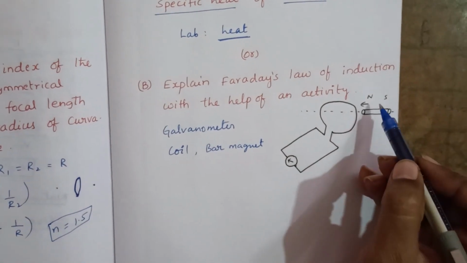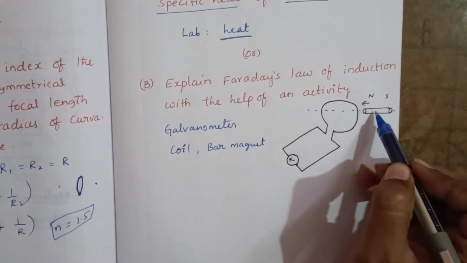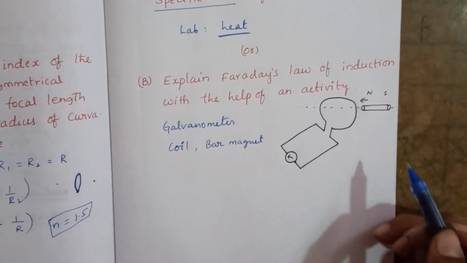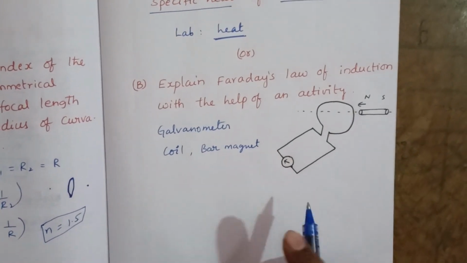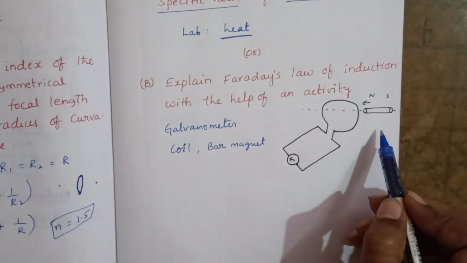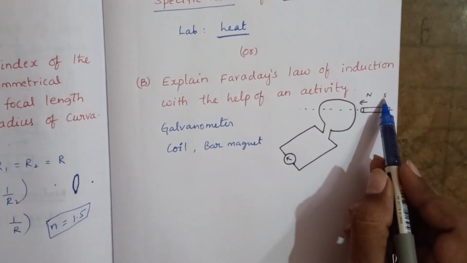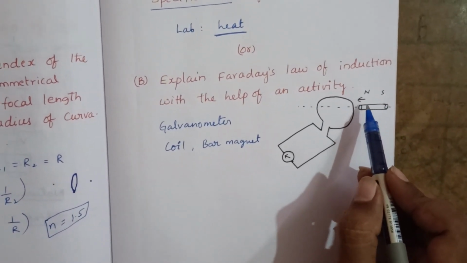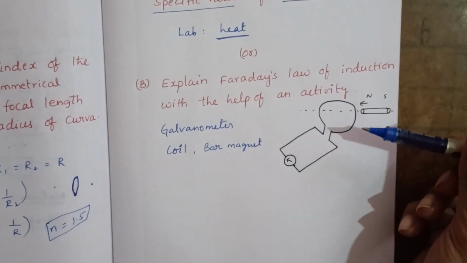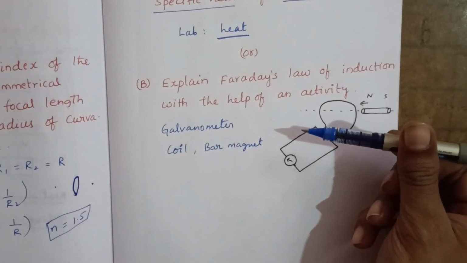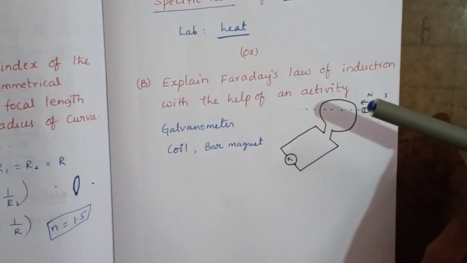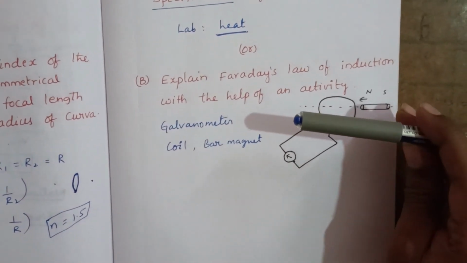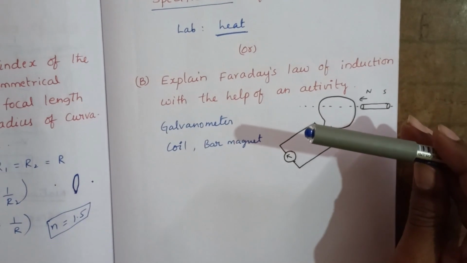Okay, now we saw the north pole facing towards the coil and moving towards and away from the coil. Next, reverse it. Now we push the south pole of the magnet instead of the north pole, facing towards the coil and moving towards the coil.